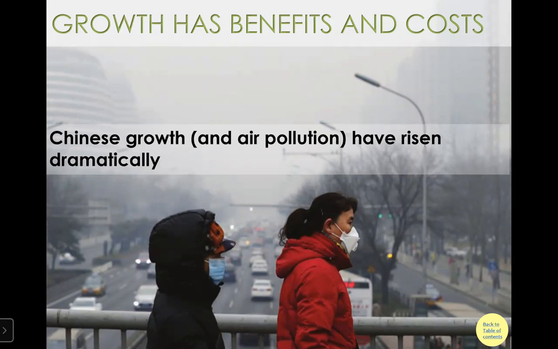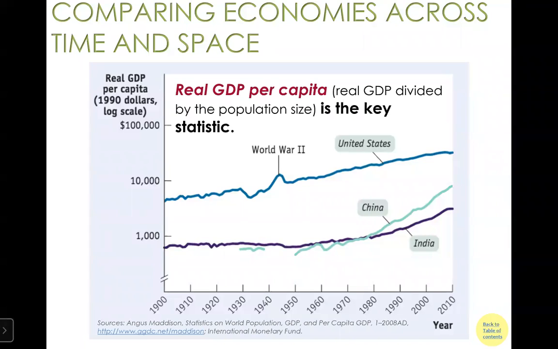That's why we use that as an example to study. But by looking at China's economic growth, certainly we can see there are costs associated with the benefit of economic growth, like air pollution or environmental damage. Now we can compare economies across time and space.